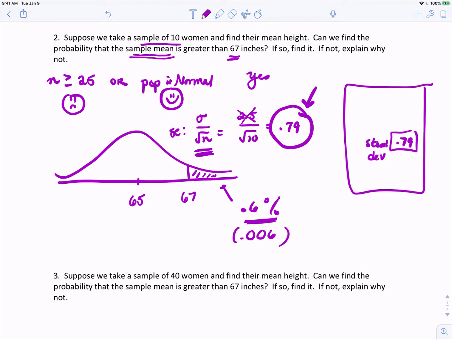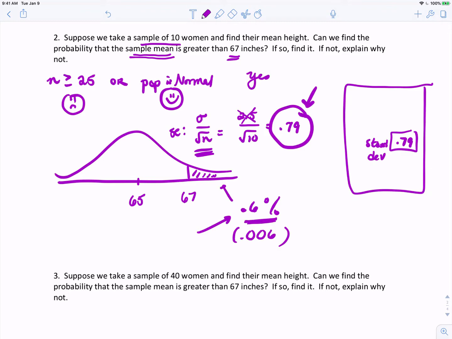In a random sample, some might be tall, but you should probably have some short ones in there too, to balance things out. So if we really did have a sample mean greater than 67 inches, most of those women had to be taller than the average woman, and the probability of that happening is rather small.